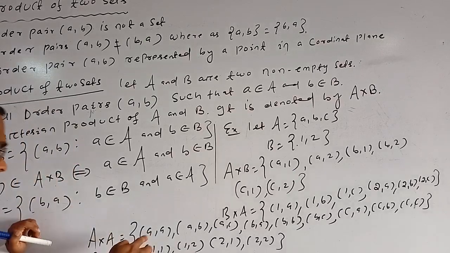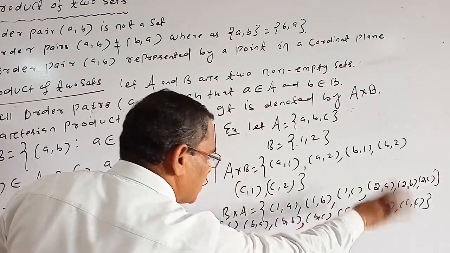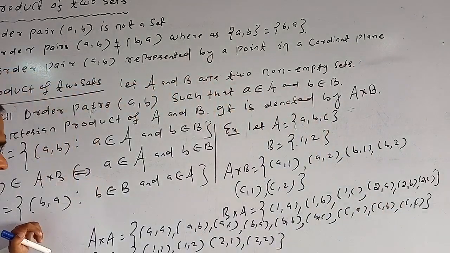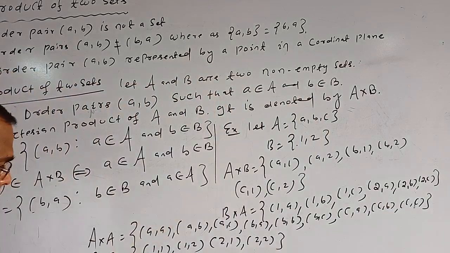How many ordered pairs in A cross A? 1 2 3 4 5 6 7 8 9. So there are 9 ordered pairs in A cross A, and B cross B has 4.